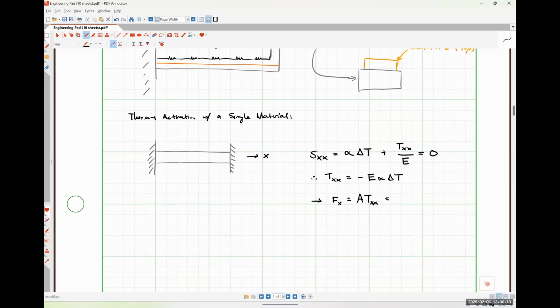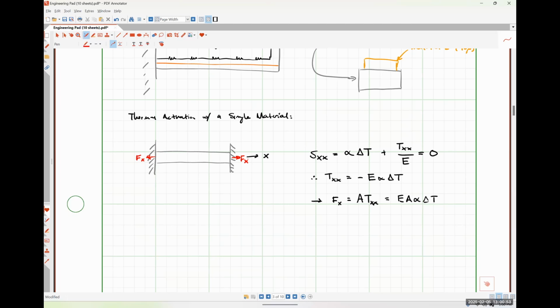So this will be EA alpha delta T. Okay. So effectively, we're generating some force that's pushing on those anchors. Okay. We can generate a relatively large amount of force, but it's not really doing anything.